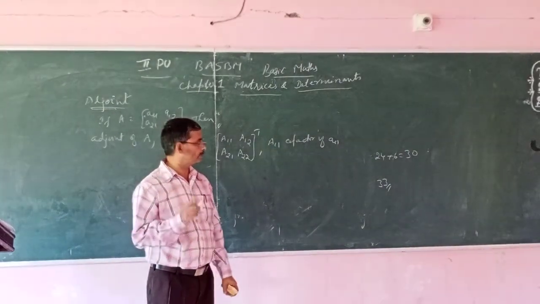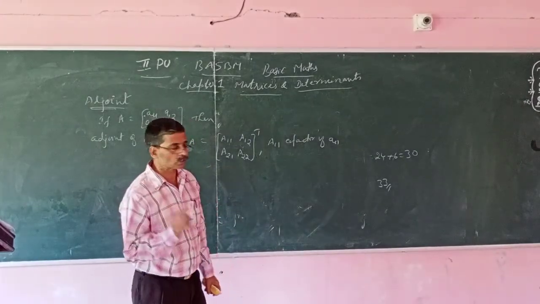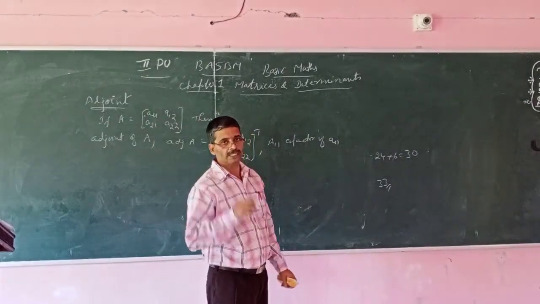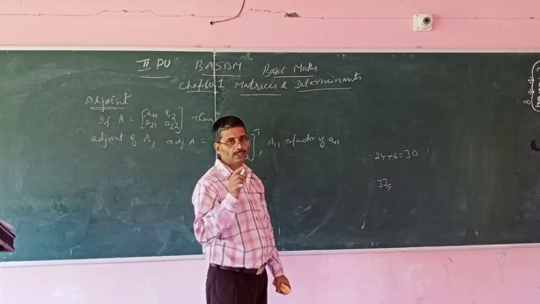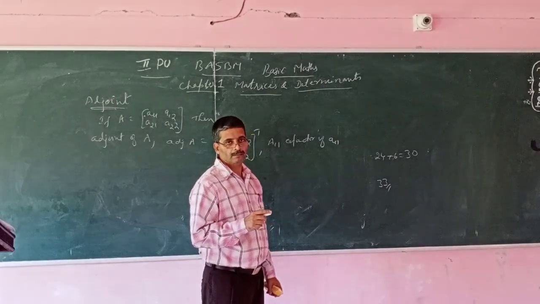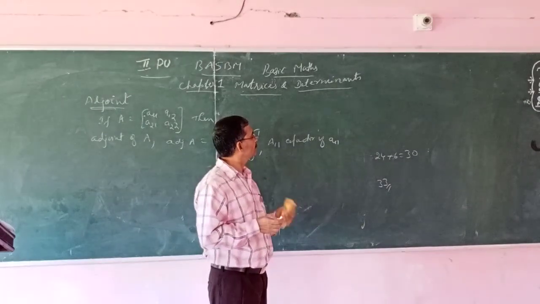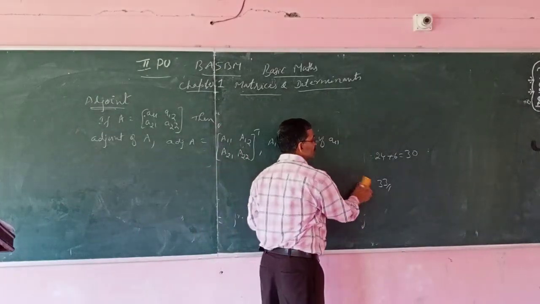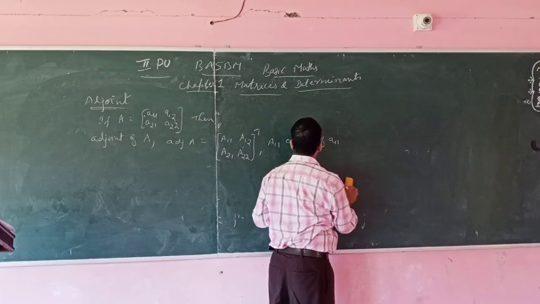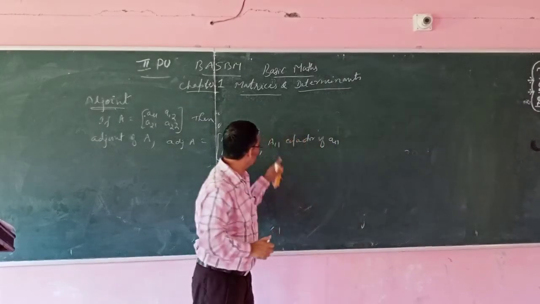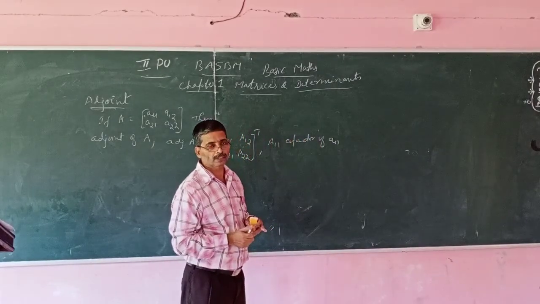Cofactor of a11 means minus 1 to the power 1 plus 1 into M11. What is M11? The minor of the first element, the first row, first column element. So capital A11 means cofactor of a11.